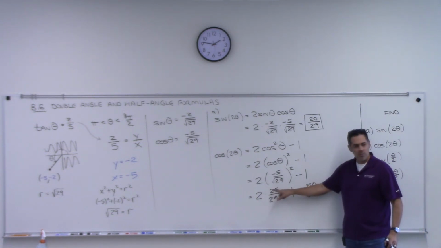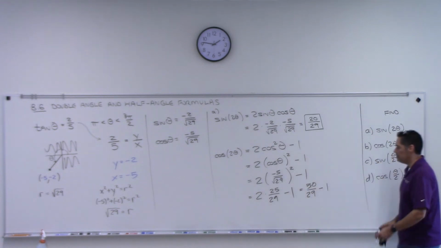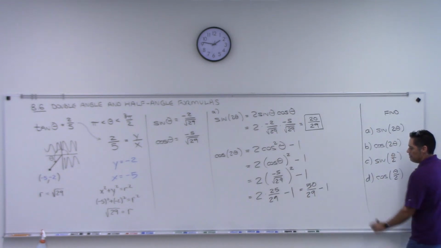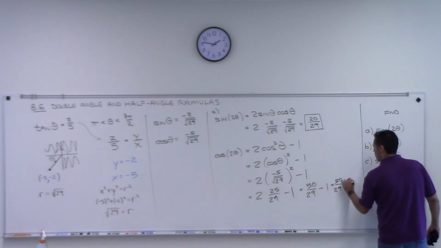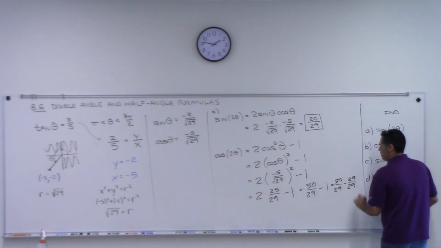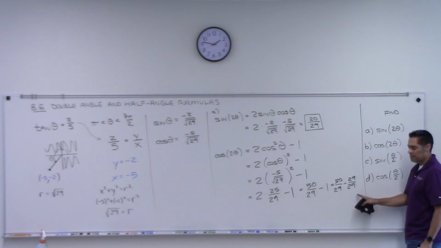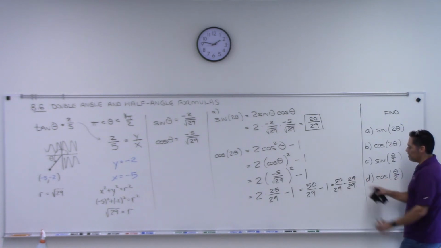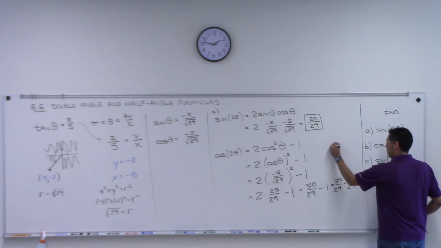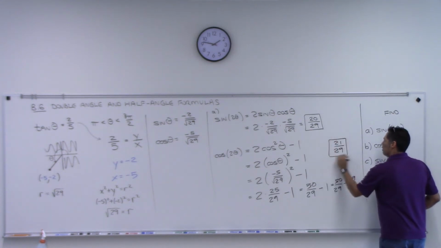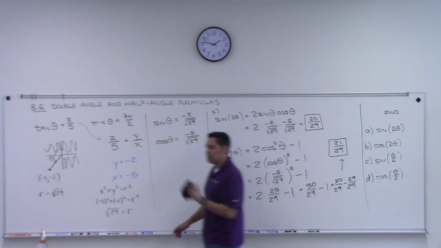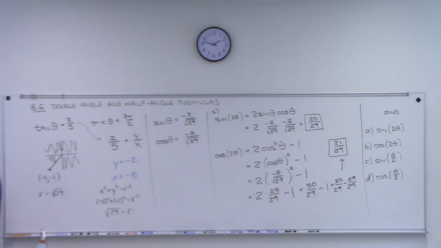Just multiply 2 times 25, get 50 over 29. Then we do a common denominator, 50 over 29 minus 29 over 29, because 1 is 29 over 29. And now 50 take away 29 is what? 21 over 29. That's what cosine of 2 theta is. Okay?